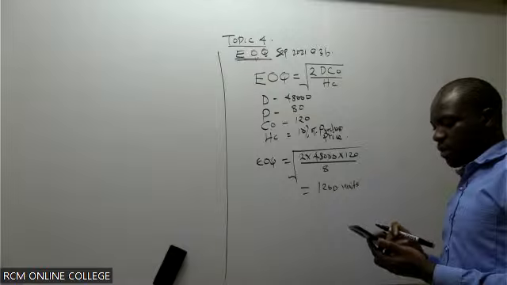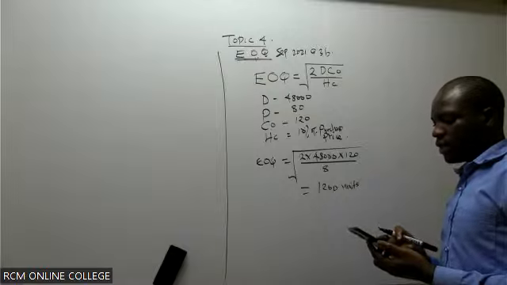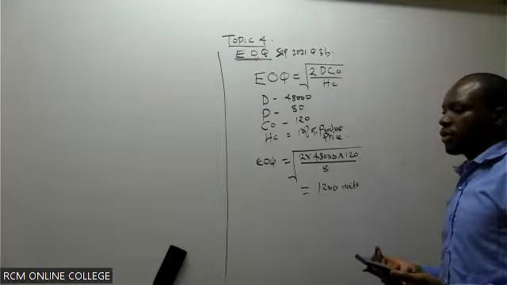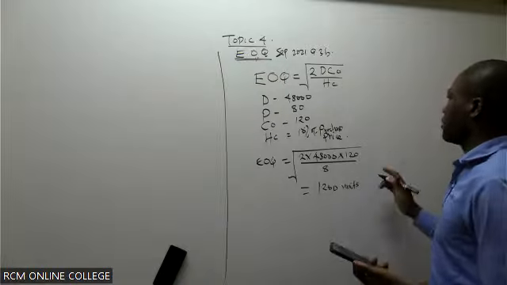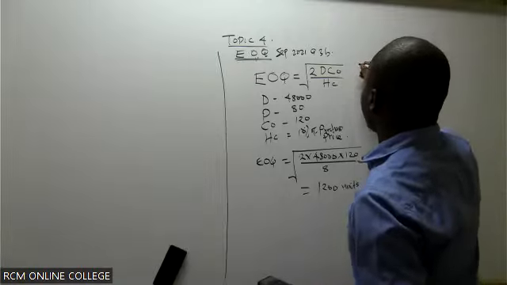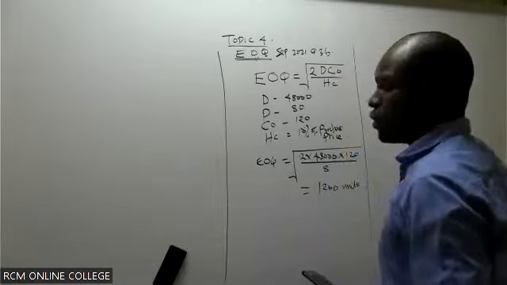Advise the management of the company on whether to accept or decline the offer. So if you have an offer here, they have been given an offer to order how many units?